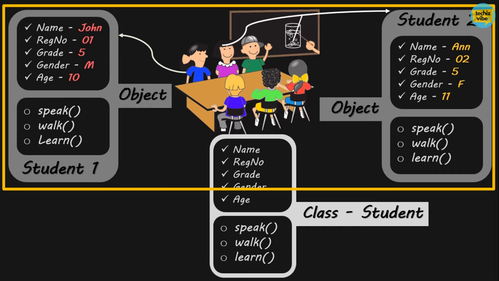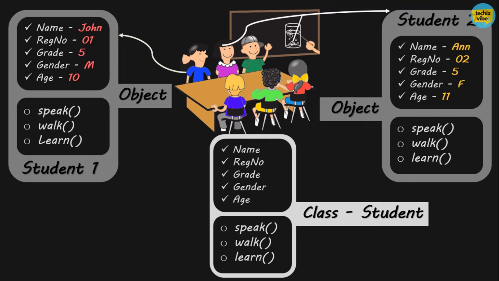It refers to this category of students in general. When we create a specific object using this class, then we can specify all the values for these attributes. Class will have these set of functions, and when student 1 uses this function, the function will operate on student 1. When student 2 uses these functions, the functions will operate on student 2.